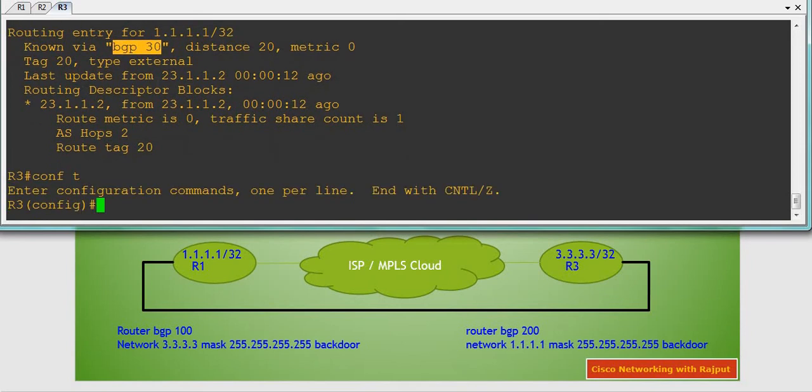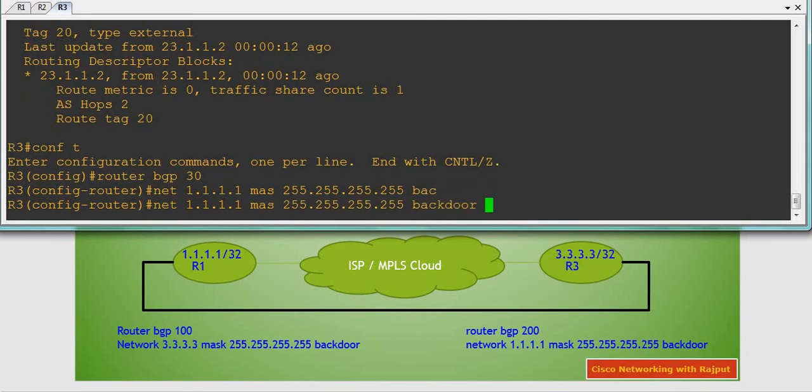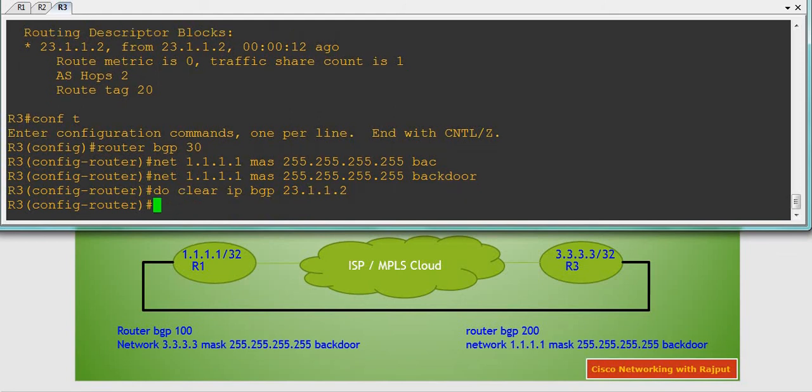So let me go to router BGP 30 and network. Again, it's really important: the network statement for backdoor is always entered for the remote prefix. Mask is 255.255.255.255 and backdoor. I need to clear BGP 23.1.1.2.